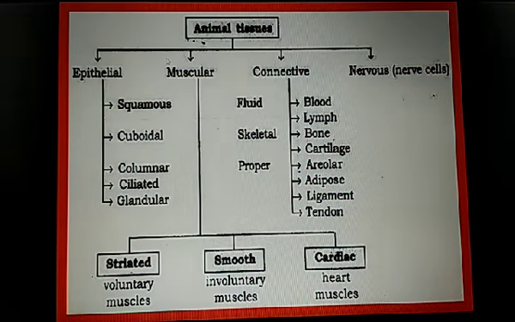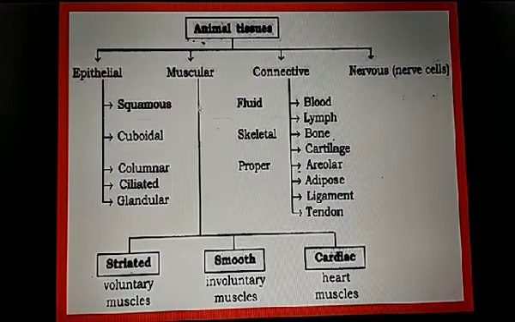This is a chart which shows the classification of animal tissues. Animal tissues can be classified as epithelial tissues, muscular tissues, connective tissues and nervous tissues or nerve cells. Epithelial tissue is divided into squamous, cuboidal, columnar, ciliated and glandular epithelial tissue.